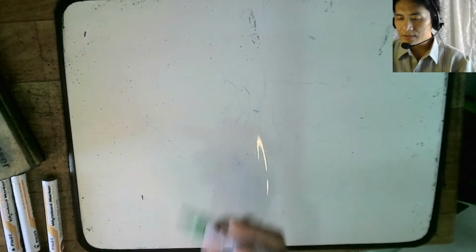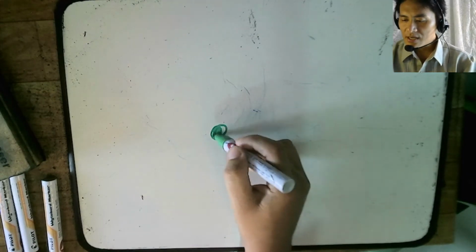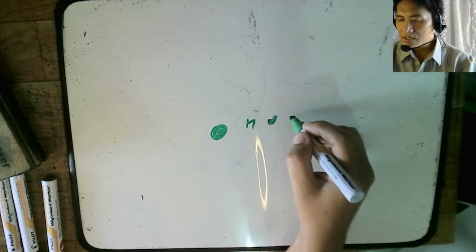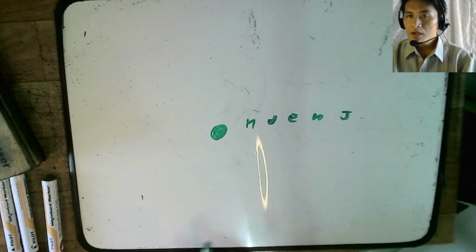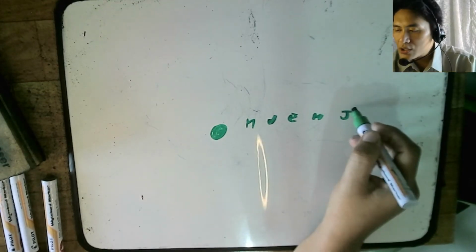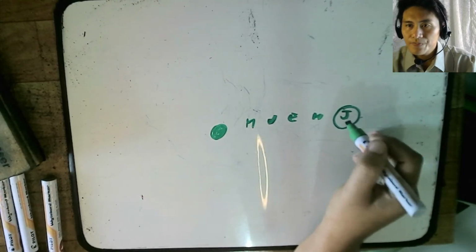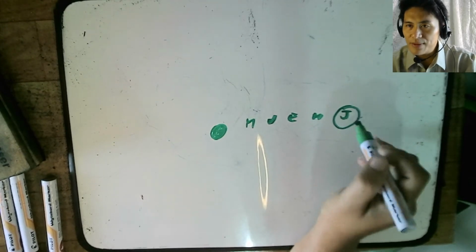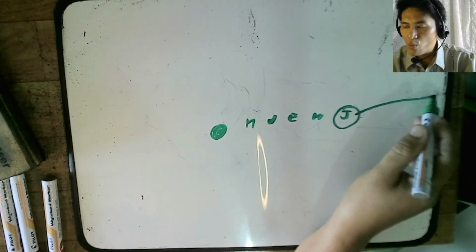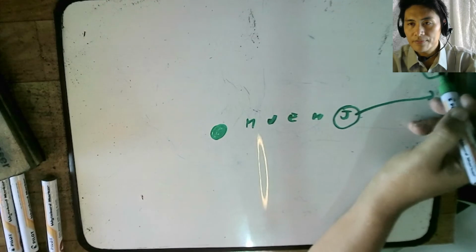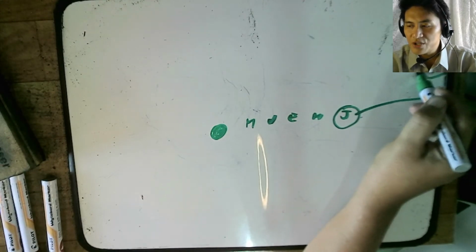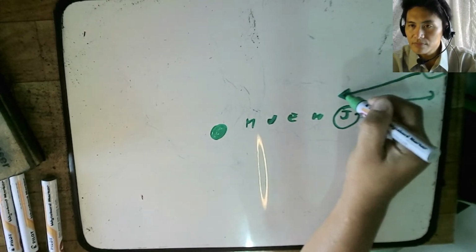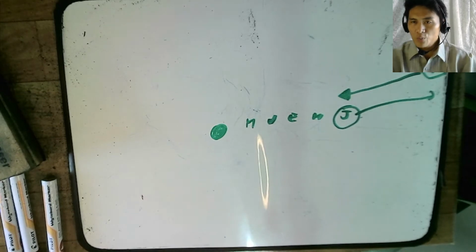What we mean by that is, this is the sun, this is Mercury, Venus, Earth, Mars, and Jupiter. We believe now that Jupiter was not there. It's not in its place right now. We believe that Jupiter was way further out, and then it simply drifted inwards.